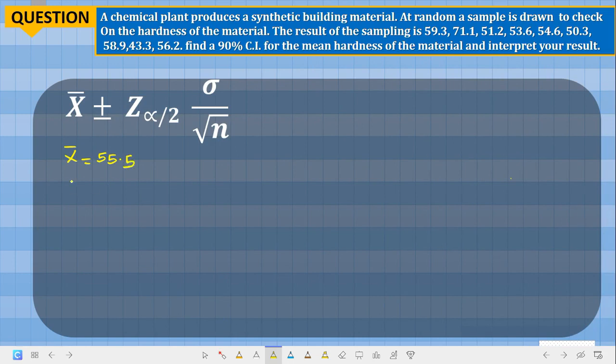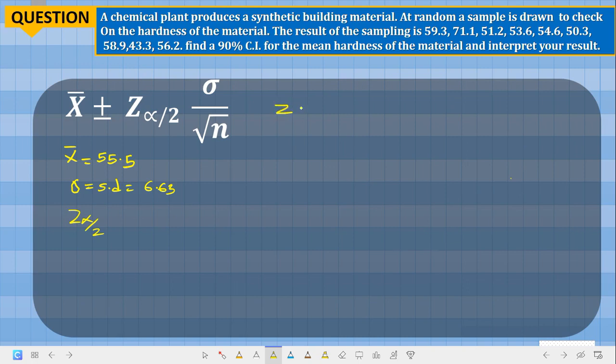Then we've got the standard deviation, which gave us 6.63. The next thing we need to find is Z alpha over 2.